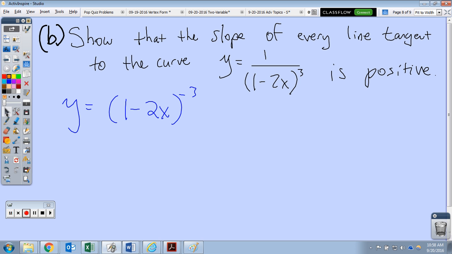Okay, so we continue here. y prime would be equal to, all right, here's chain rule. So -3 to the front, leave the inside alone for now, drop the exponent down to -4, times the derivative of the inside, which is just -2.